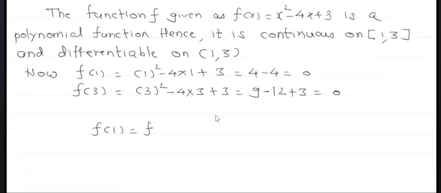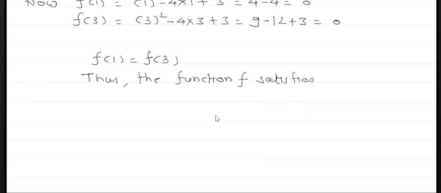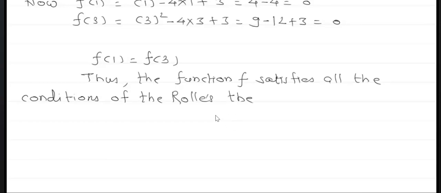Therefore the conditions of Rolle's theorem are satisfied here, f of 1 is equal to f of 3. Thus the function f satisfies all the conditions of Rolle's theorem.